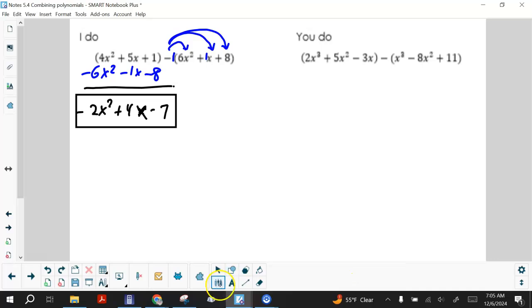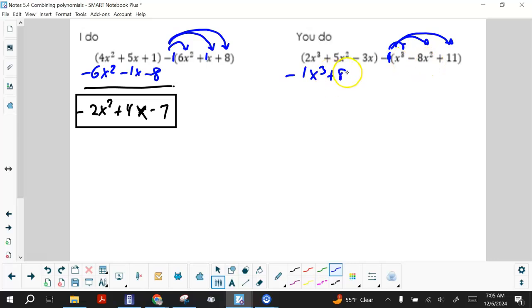All right, perfect. I'm assuming that you already have distributed this negative 1 to these terms here. And if you did that, notice the first one says power 3. So that's going to be the negative 1 x to the third. Negative 1 times 8 is going to be a positive 8x with a power 2.